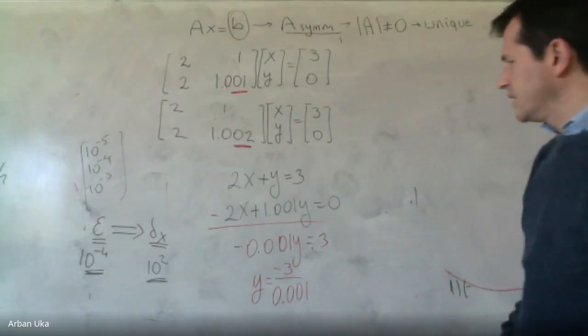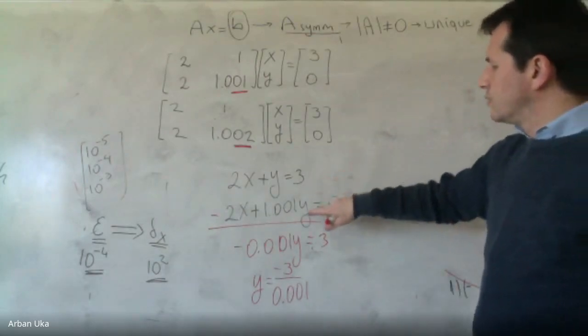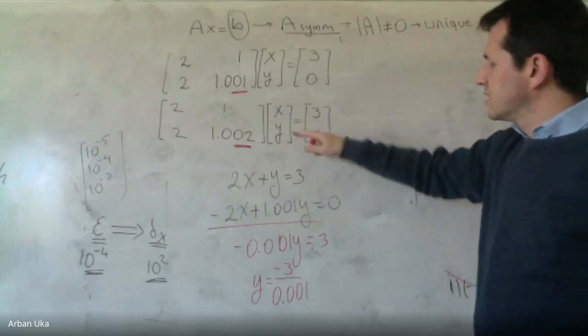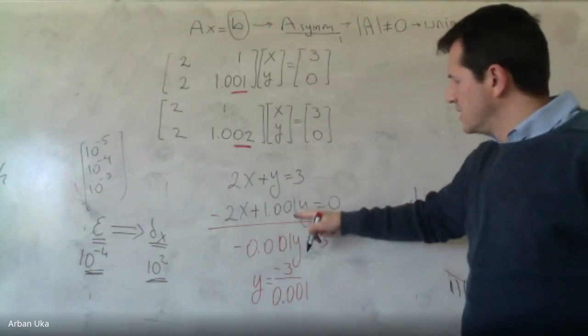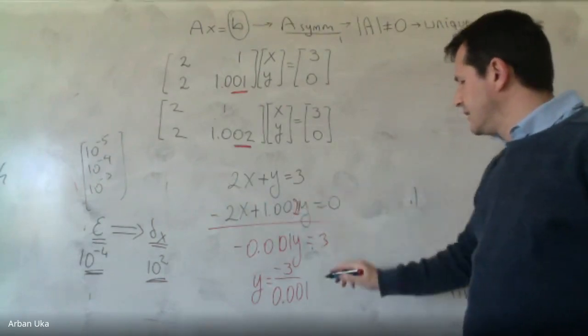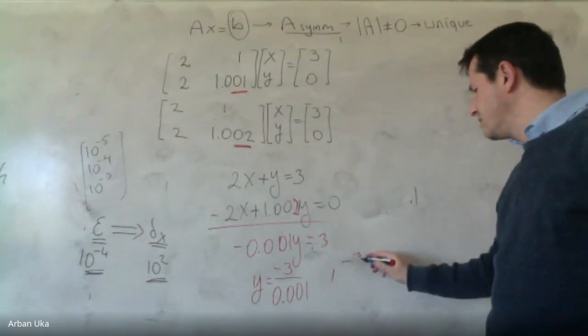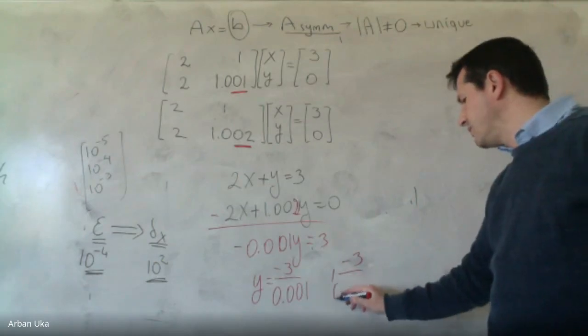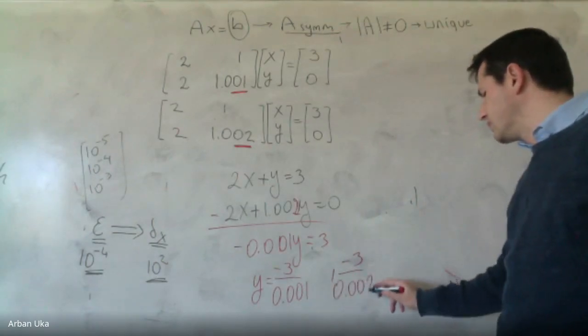So this is y, and then for the second set here, this would be 2, and the other answer would be minus 3 divided by 0.002.